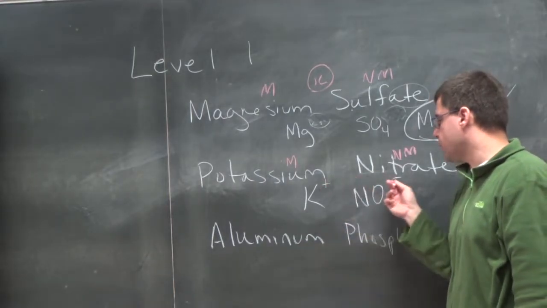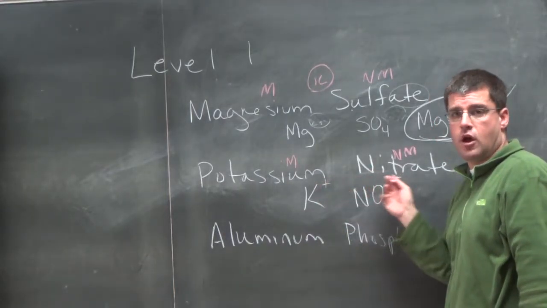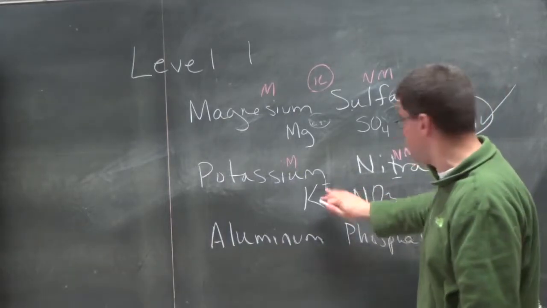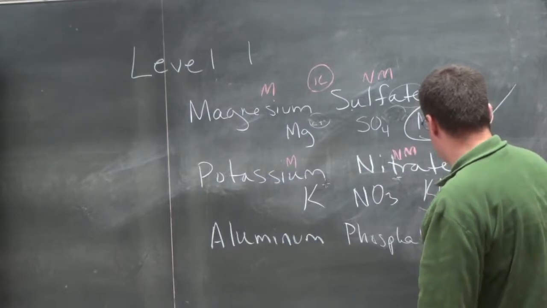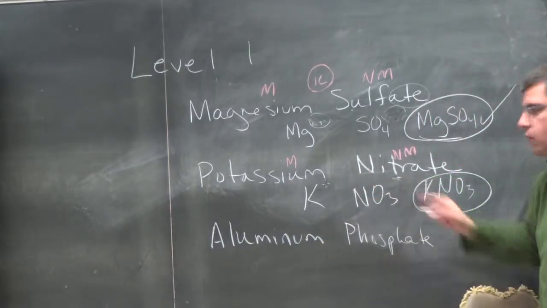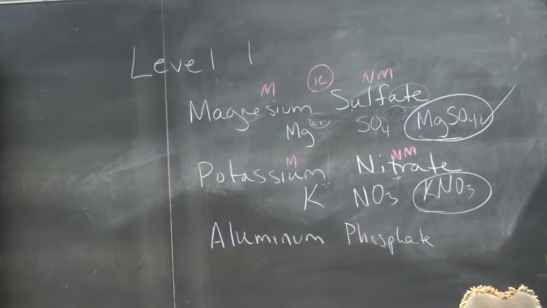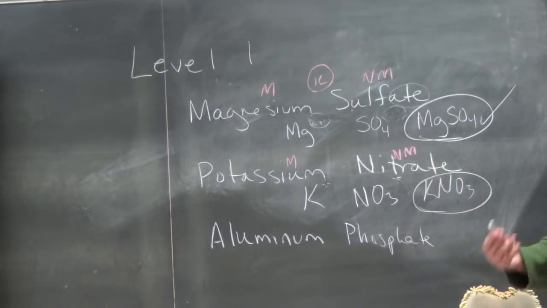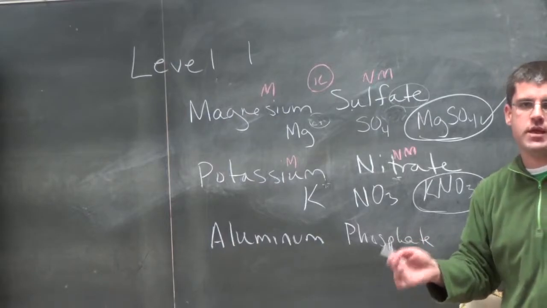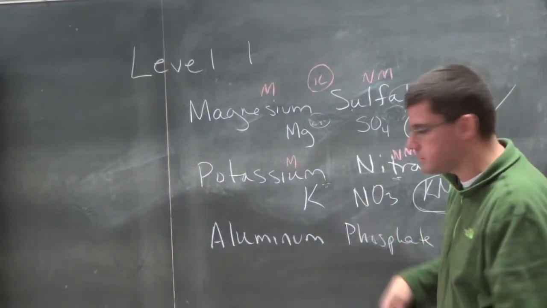So right here again we see equal opposite alert. EOA, cancel them out, stick it together. KNO3 is your answer. Again, equal opposite charges, stick it right together. KNO3 is potassium nitrate. Potassium nitride is K3N, which you should already know how to do.